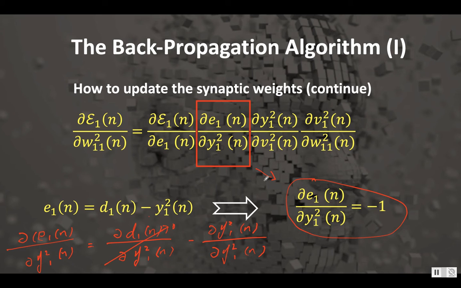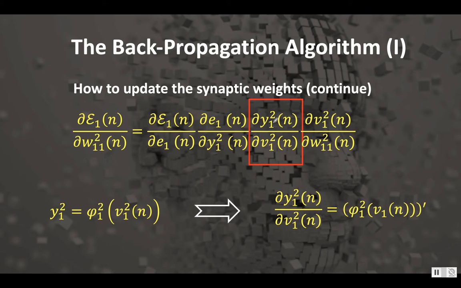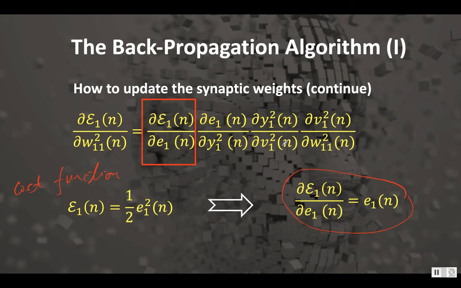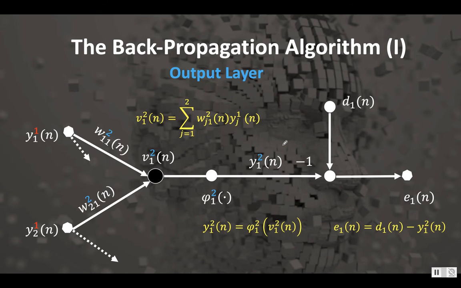Then look at the third term, Y21(n) with respect to V21(n). Let's go back to this slide.